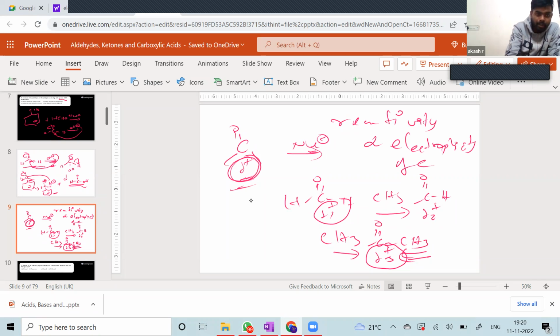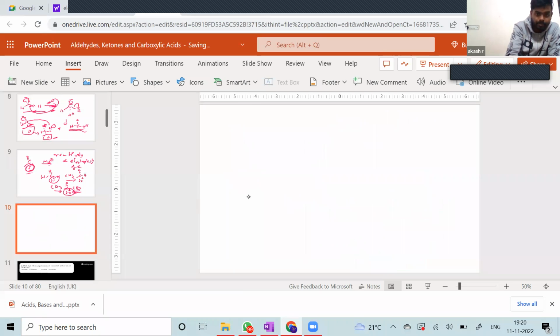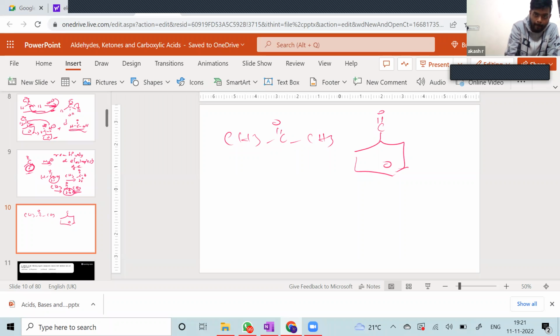Right. Now, what if I have CH3, C double bond O, CH3 with both are ketones. Now tell me, which do you think will be more reactive? The first one or the second one?